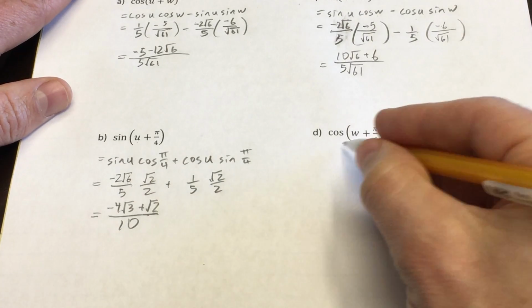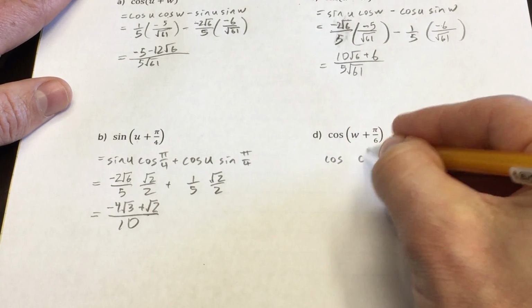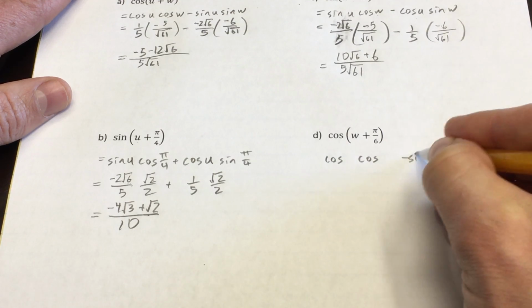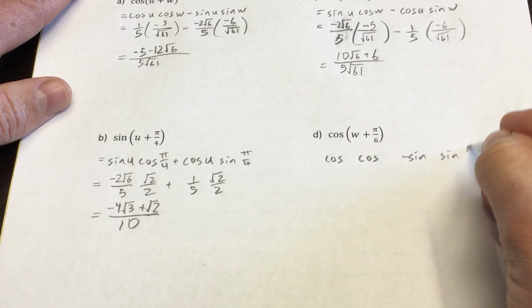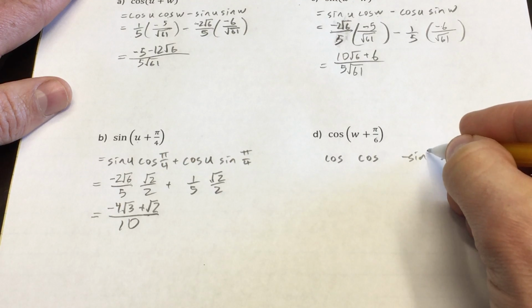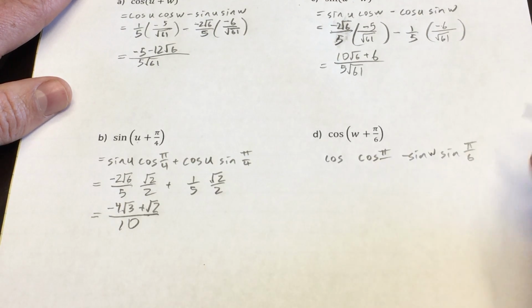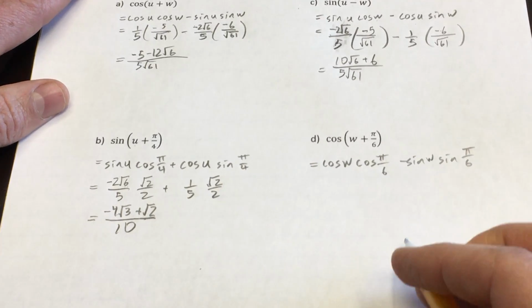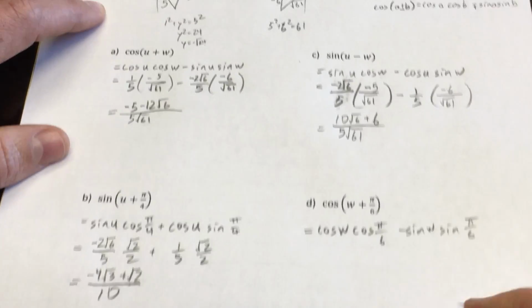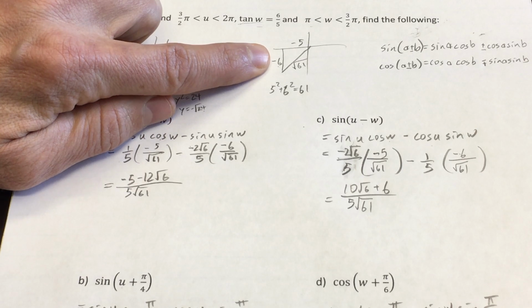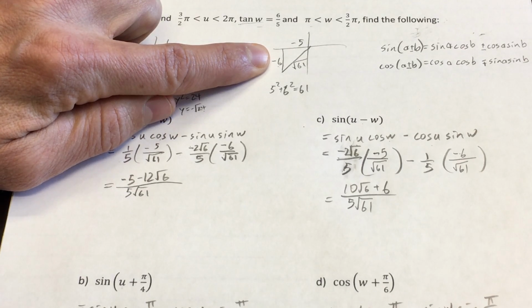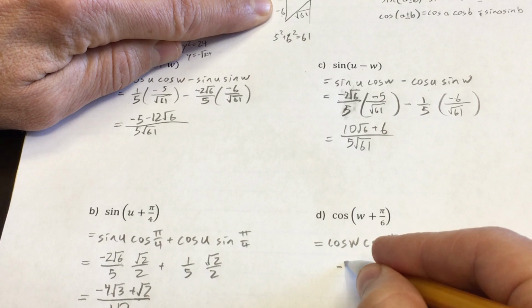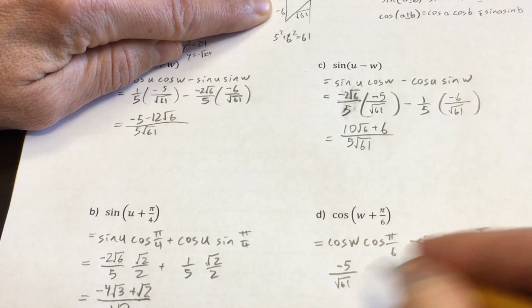This is a similar problem. This is going to be cosine cosine minus sine sine, with pi sixth and w. And so we'll use the cosine of w, remember, is the negative 5 over root 61.